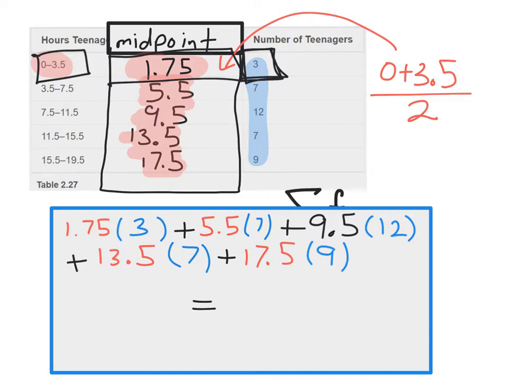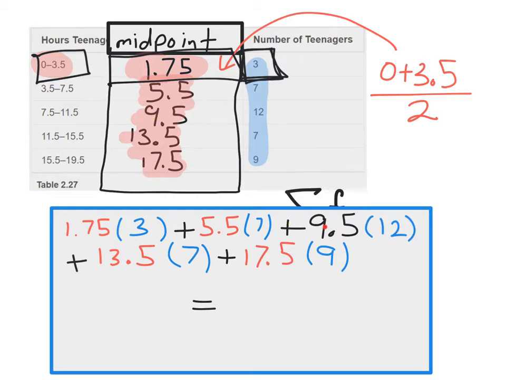And then to that, I'm going to add the next interval, which had a midpoint of 5.5. And how many people were in that category? 7. So there's 7 people that are representing that 5.5 midpoint. And in the next category, there was 12 teenagers represented by a 9.5 midpoint.